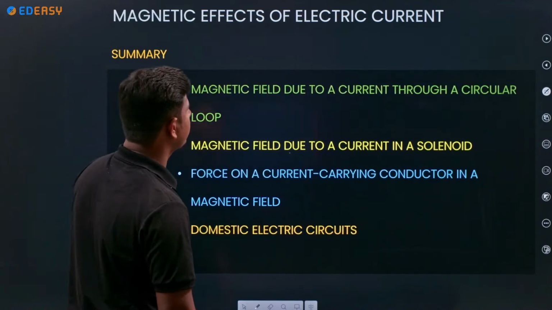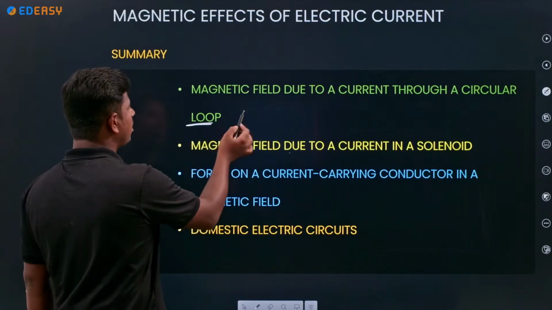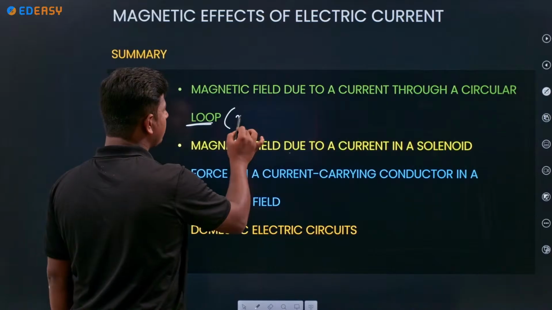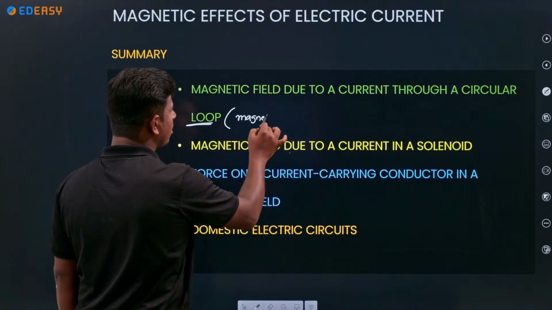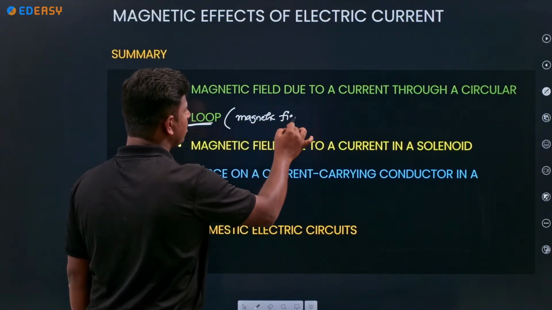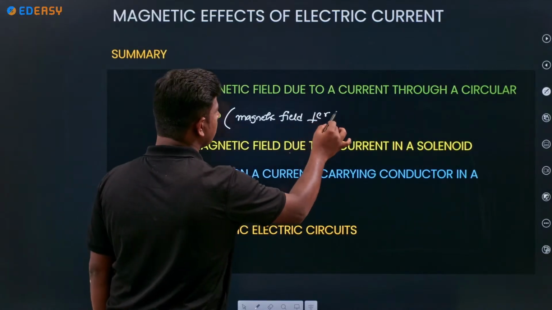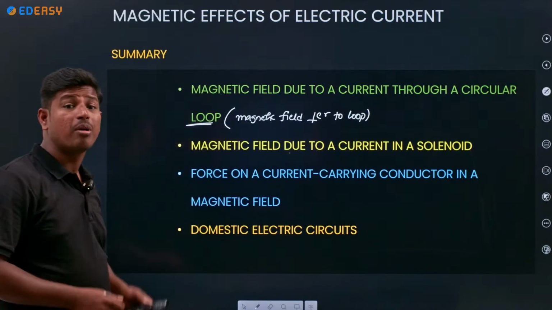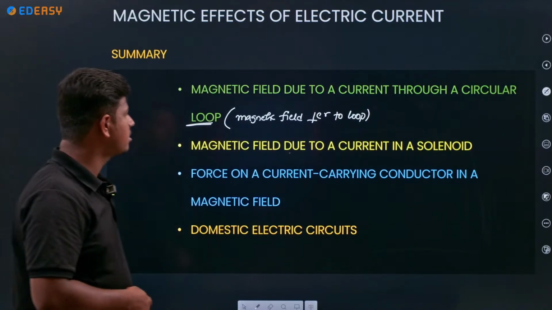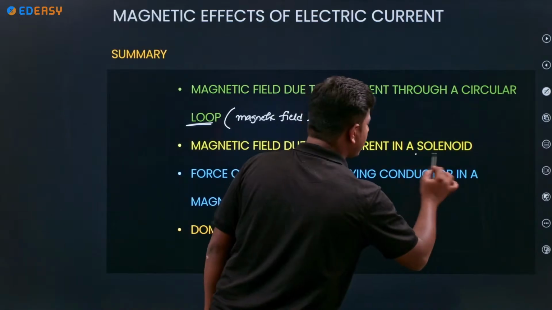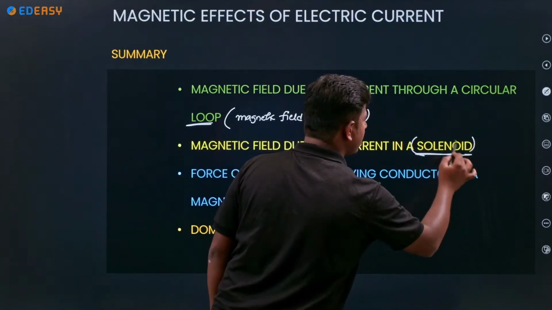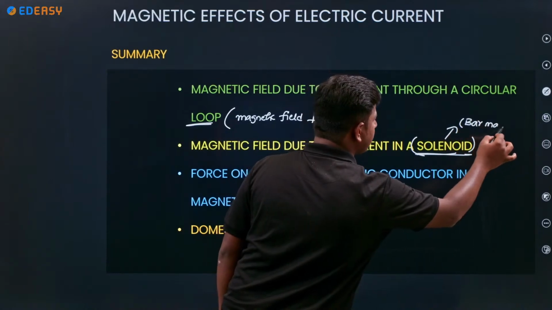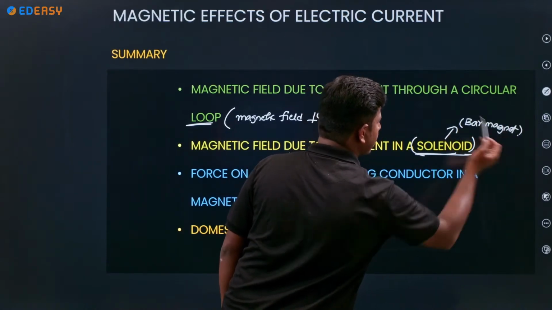Next, magnetic field with a circular loop: how is the magnetic field perpendicular to the loop? Next, magnetic field due to a current carrying solenoid. A solenoid, when current is present, behaves like a bar magnet.